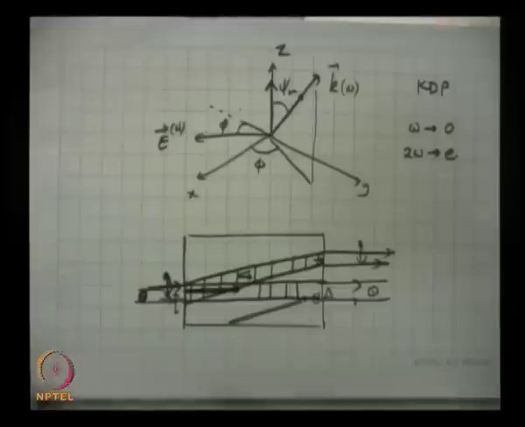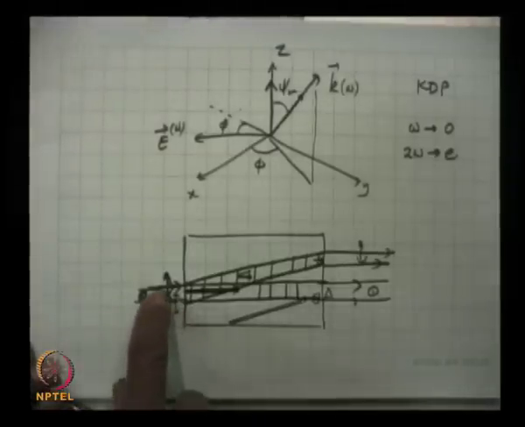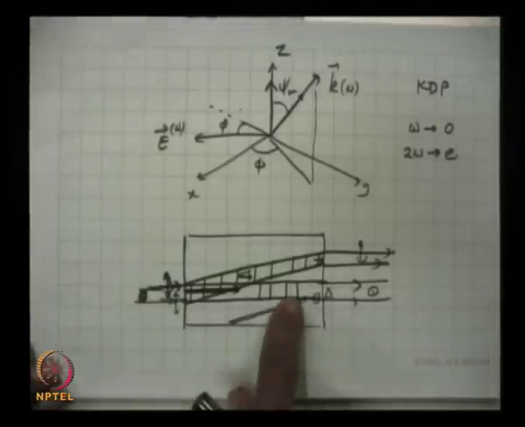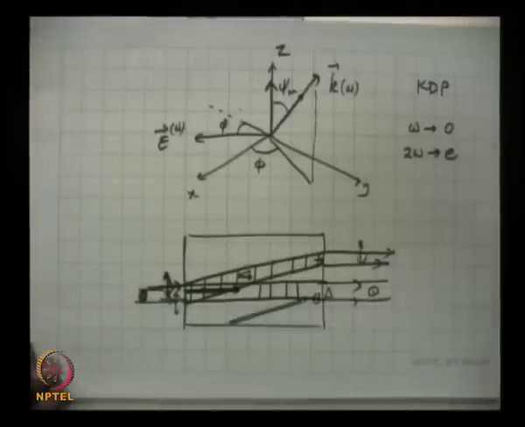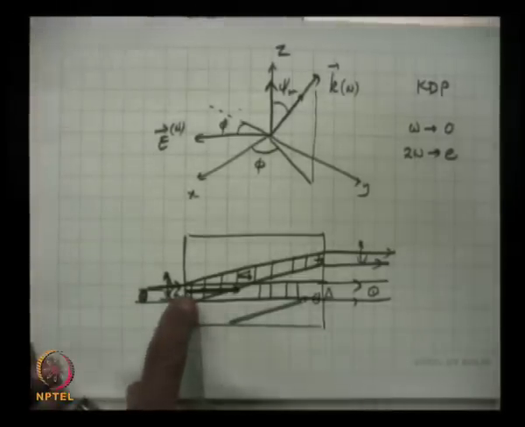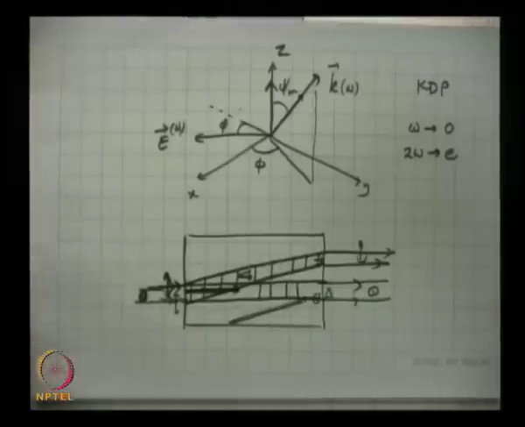Snell's law is simply that the component of the k vector parallel to the interface should be continuous. Please note that if I apply Snell's law to the direction of the wave front, I have no problem, but if I try to apply Snell's law to the S vector, I do not satisfy it, because the incident ray is at a 0 angle and the refracted ray is at a finite angle, it is not possible.